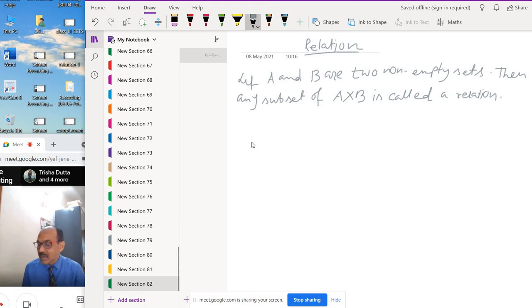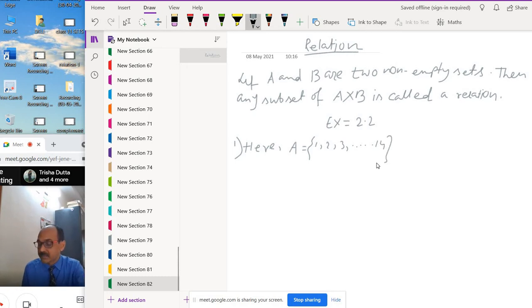Here A equals 1 to 14: 1, 2, 3, up to 14.